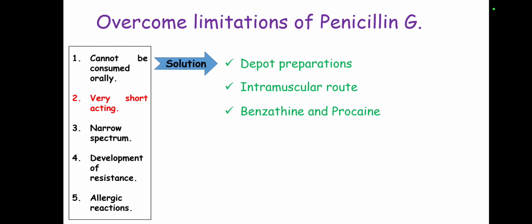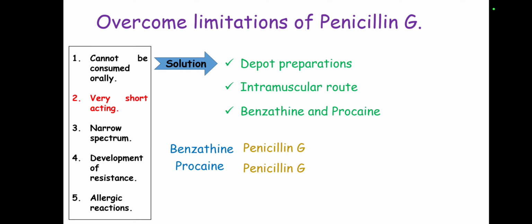An example is benzathine and procaine. So if we attach benzathine to penicillin G, or if we attach procaine to penicillin G, these compounds will hold the penicillin G in the muscle itself.